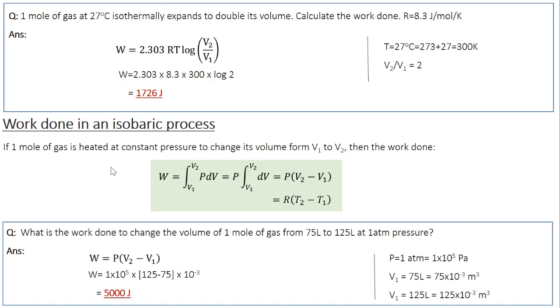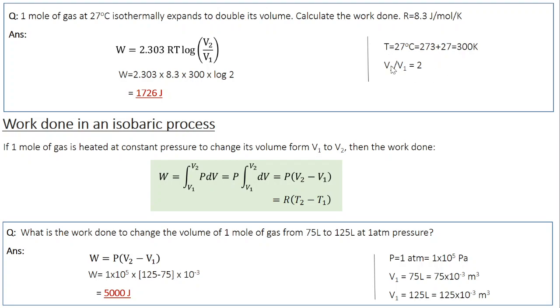Let's do a quick problem. 1 mole of gas at 27 degrees Celsius isothermally expands to double its volume. Calculate the work done. Given R, the universal gas constant, is 8.3 joule per mole per Kelvin. Now, the first thing we have to do is write down all the parameters with appropriate units.